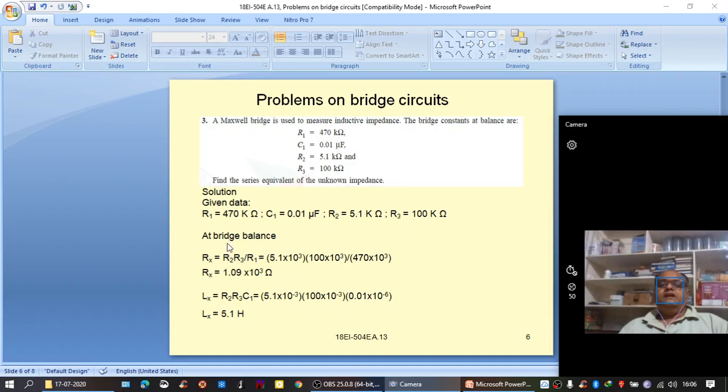We know that at bridge balance, the expression for unknown resistance Rx in a Maxwell bridge is R2 R3 by R1.